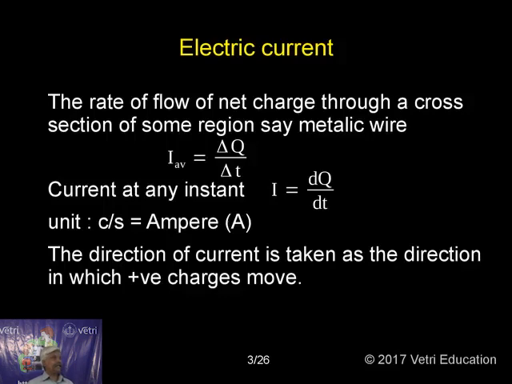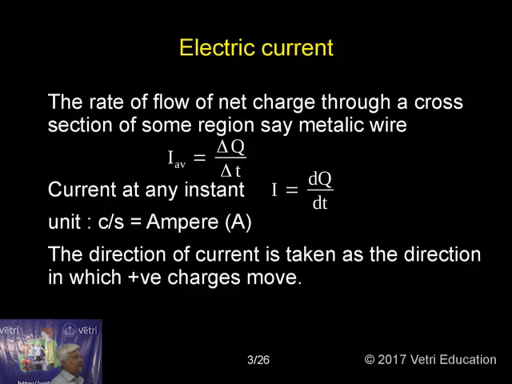The average current is equal to the charge flowing through it in a time difference delta T. I average is equal to delta Q by delta T. Otherwise, what is the instantaneous current? For a particular time, what is the current? That is dQ by dt.